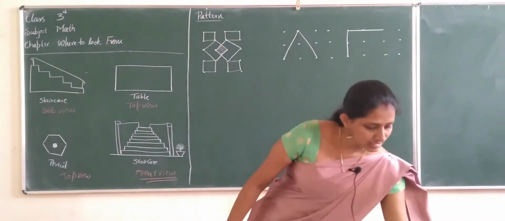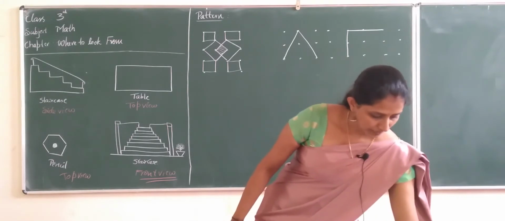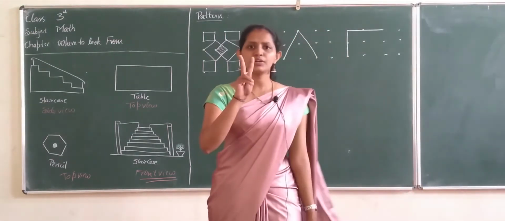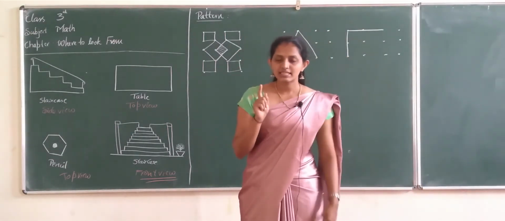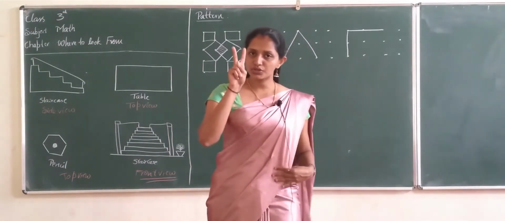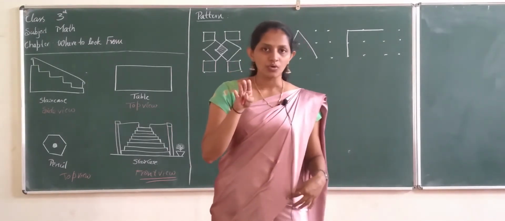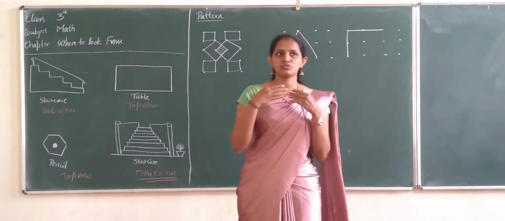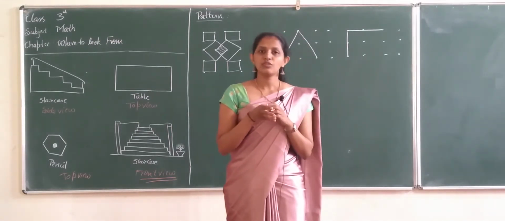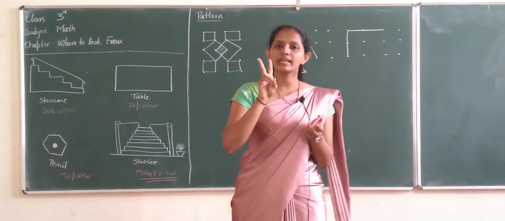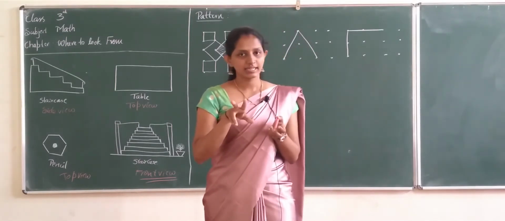See, when you see a car from a side view, you can see only two wheels. Correct? Is it right that a car has only two wheels? No. When I see from the front view, I can also see only two wheels.